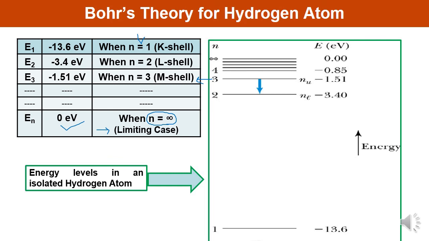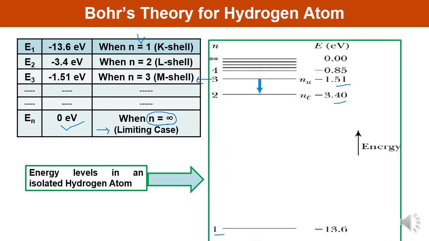For n equal to 1 the energy level is minus 13.6, for 2 it is minus 3.4, for the next level it is minus 1.51, and so on. When n is infinity, the limiting case, the energy level is 0. This is how the energy levels can be represented in an isolated hydrogen atom.